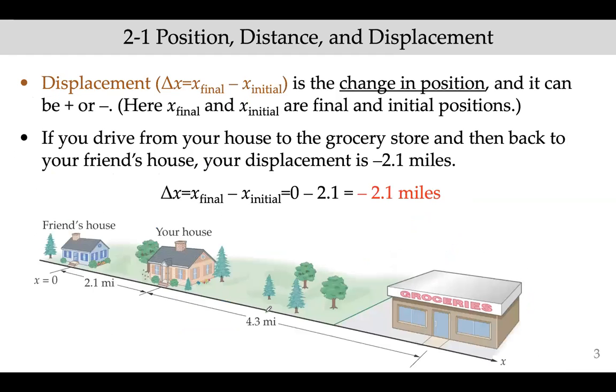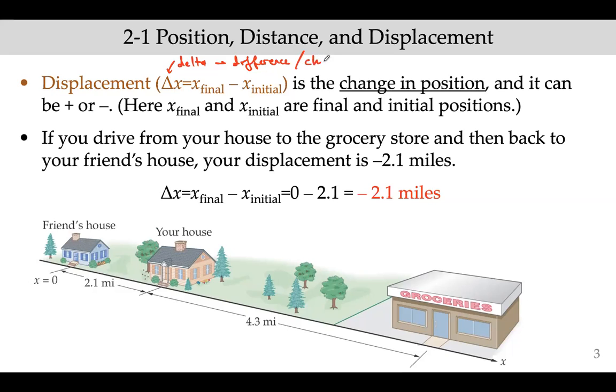Okay. So let's go on with the concept of displacement. Displacement means the change in position. This delta is the uppercase Greek letter delta. It means the difference or change.